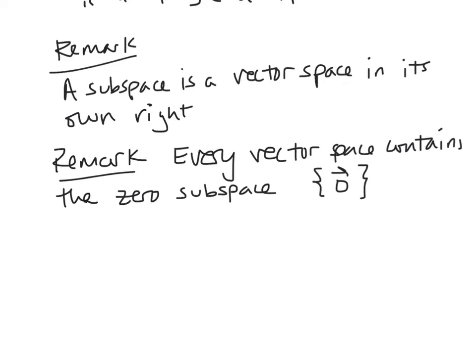The zero subspace is the single vector that is only composed of the zero vector. It's the subspace composed of only the zero vector. Okay, so I'm going to give you two examples, and you're going to think about whether these are examples of subspaces. So, examples.